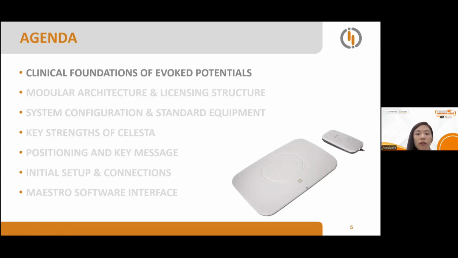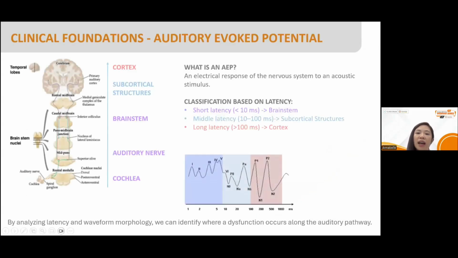I think most of the participants here are doctors and audiologists, so you may have different levels of ideas about evoked potentials. So what is AEP, Auditory Evoked Potentials? It is an electrical response of the nervous system to an acoustic stimulus.